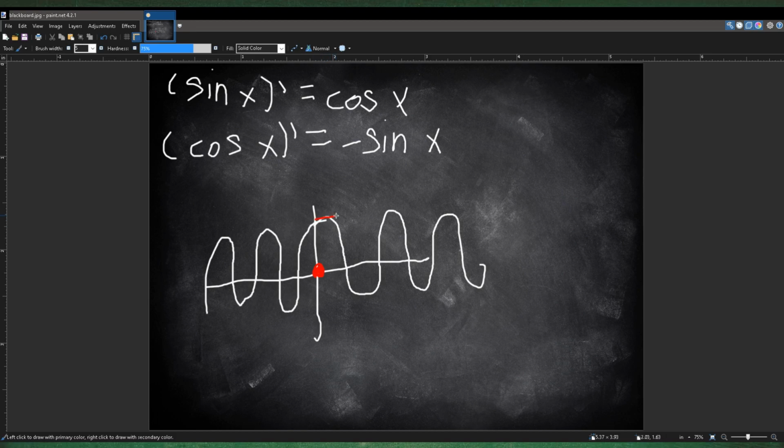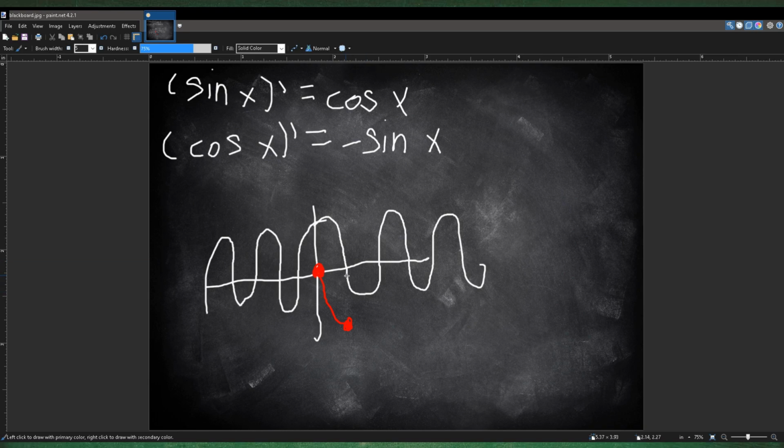Starting from 0, it goes down and down, so the slope goes negative until it reaches this point right here, which is negative 1. It keeps getting more negative, and it's a curve because this is a curve.